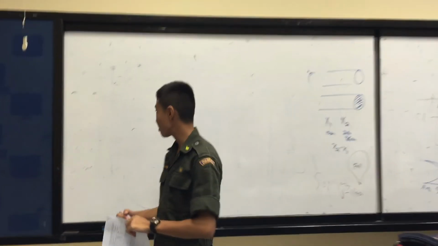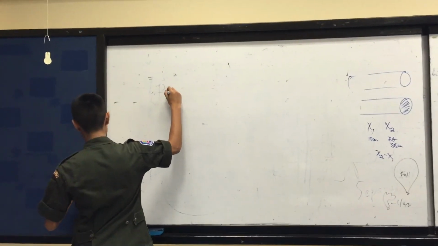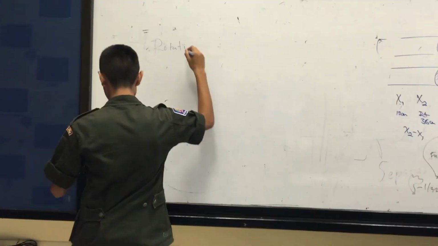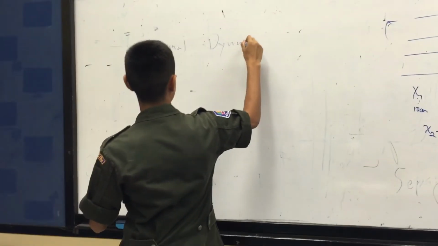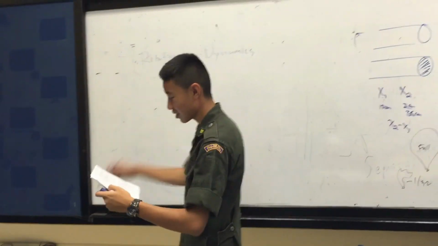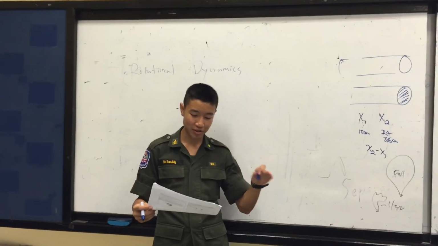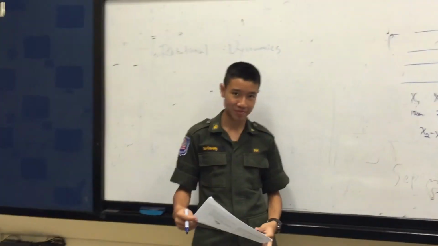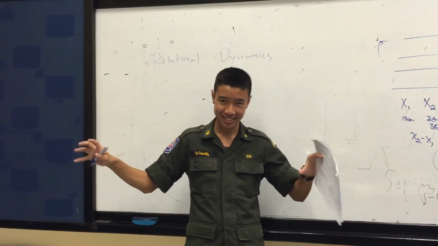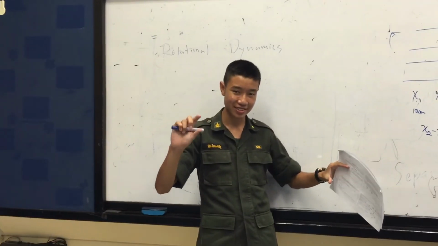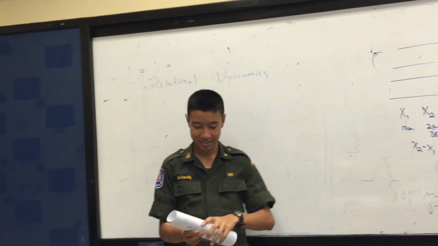Okay, now I'm going to explain rotational dynamics. Rotational dynamics involves the moment of inertia, also known as rotational inertia. We have two masses apart from each other, and we rotate them around something like this.